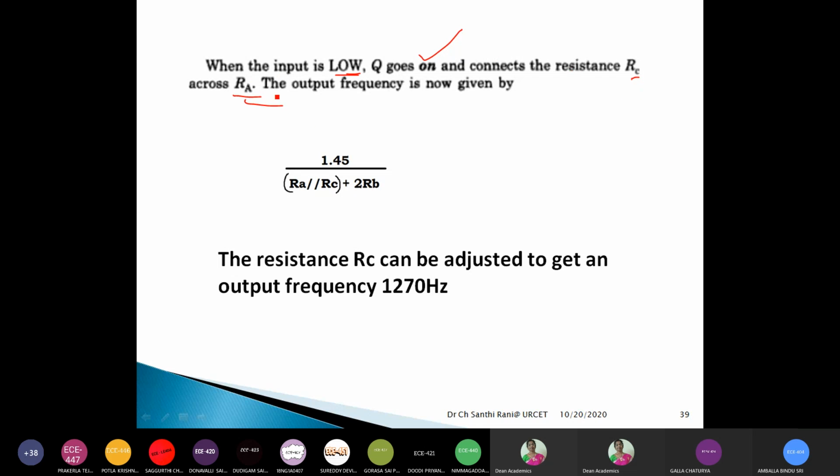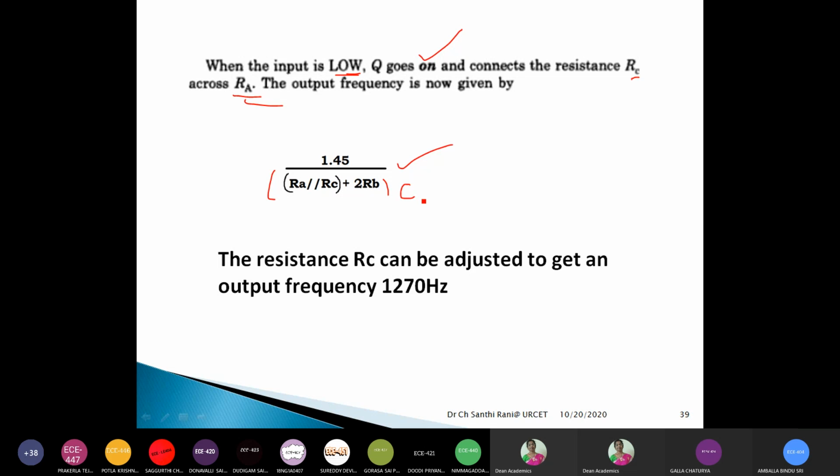RC comes in parallel with RA as I have shown in the figure. I forgot to write C, that C also I have to write. Therefore, F is equal to 1.45 divided by (RA in parallel with RC plus 2 times RB) into C, right?